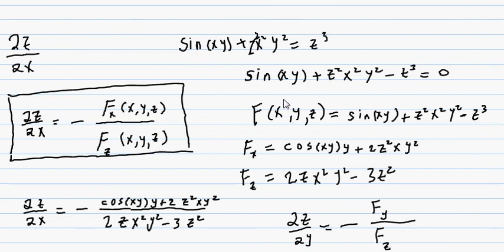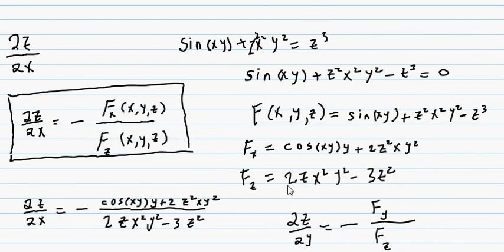So the moral of the story is basically, when you're given this expression here, you have to put a 0 on the right. And then once you put a 0 on the right, you introduce the big function, big F of x, y, z. And then you compute the partial of the function z given implicitly as a function of x and y by this expression. You compute the partial using this formula or this formula.